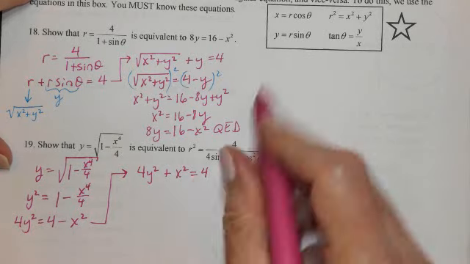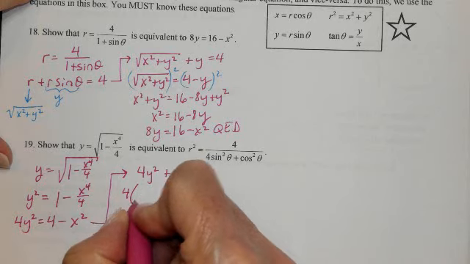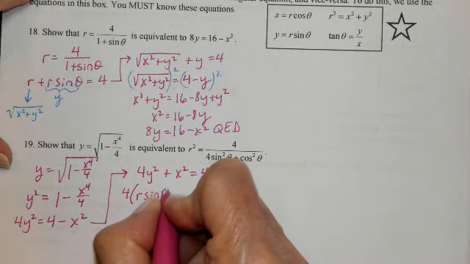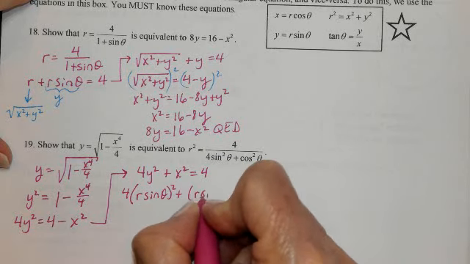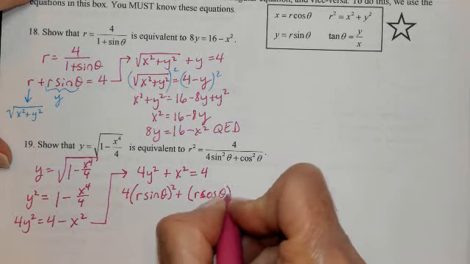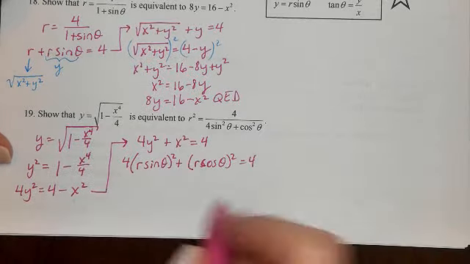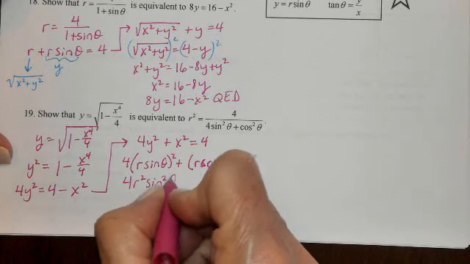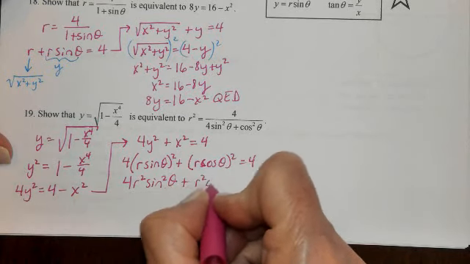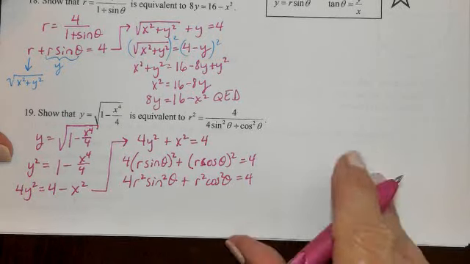In place of x, I'm going to put r cosine theta. Let's see what happens. Oops, cosine theta. Alright. So I have 4r squared sine squared theta plus r squared cosine squared theta is equal to 4.